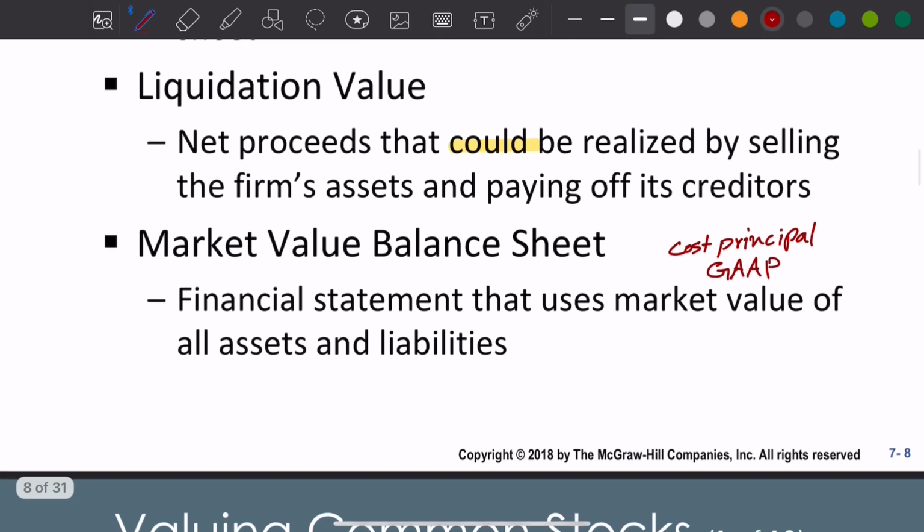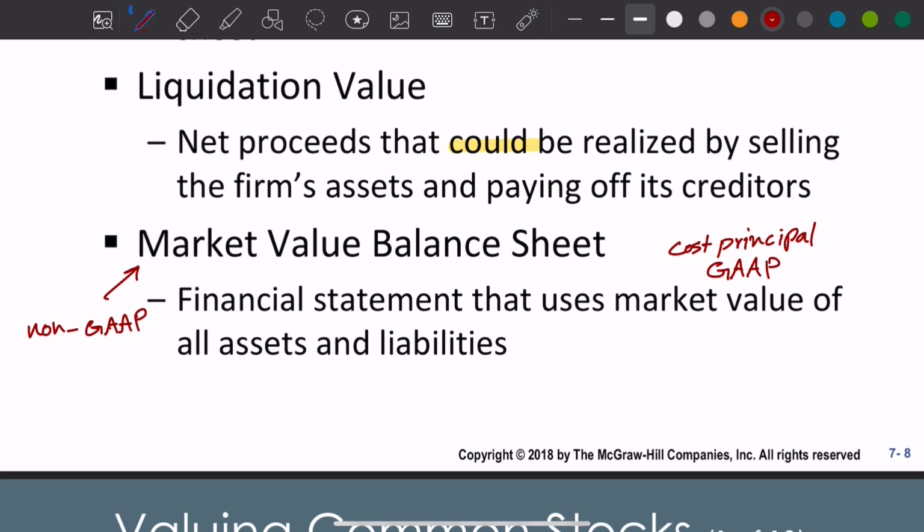Okay? So this specific statement is a non-GAAP statement. Okay? So the company cannot produce this statement and release it to the public. That would be a violation of GAAP. Okay? But they can use this internally for internal purposes.